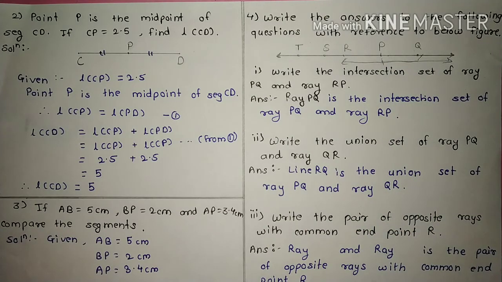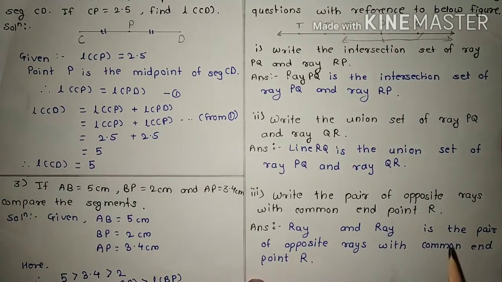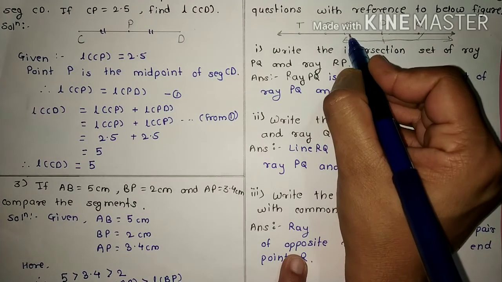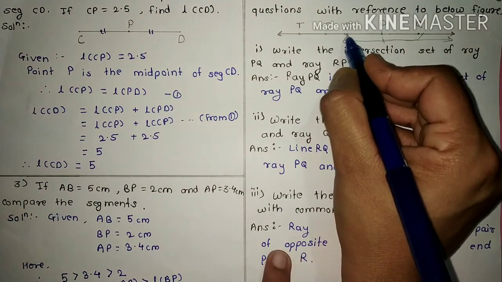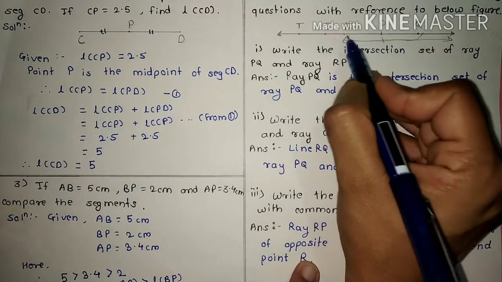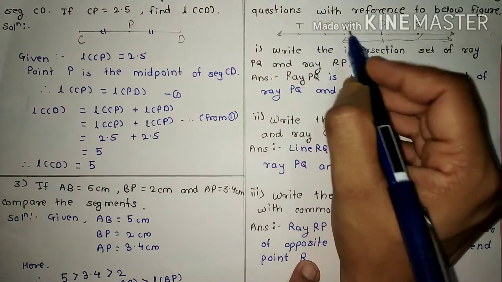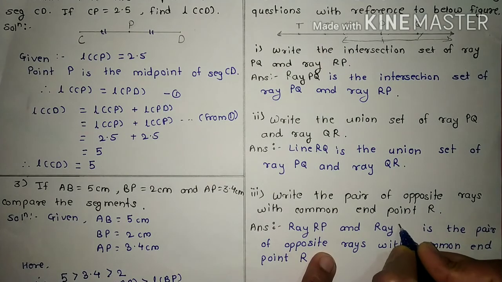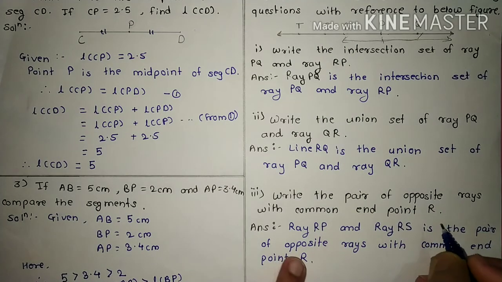Third question. Write the pair of opposite rays with common endpoint R. Endpoint is also called starting point. Therefore, common endpoint is R, means ray starts from point R, therefore suppose ray RP, and opposite ray of RP is ray of this side, that is ray RS or ray RT, any ray you can choose, ray RT.